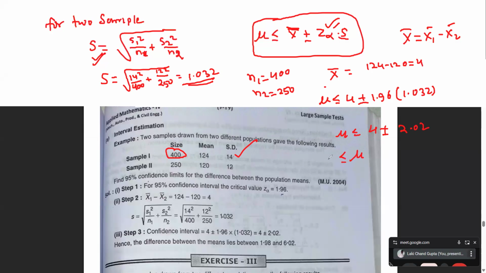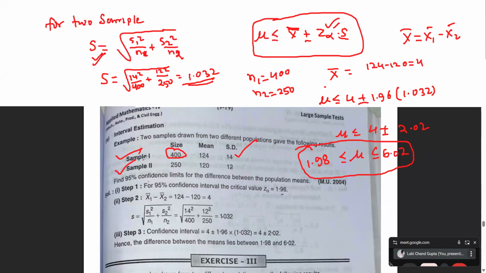So when you subtract from 4, you get 1.98, and adding gives 6.02. So this is the confidence interval for two samples. Okay.